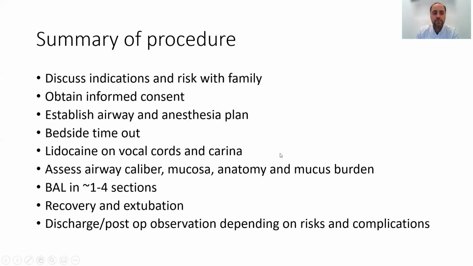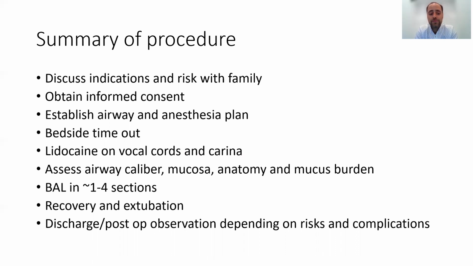So in summary, the proceduralist should discuss the indications and risks with the family, obtain informed consent, establish an airway and anesthesia plan with your anesthesia team or critical care team, run a bedside timeout before the procedure starts, instill lidocaine on the vocal cords and carina, and first just take a look, assess the caliber of the airways, the mucosa, the anatomy, and the mucus burden, and then do the bronchoalveolar lavage in 1 to 4 sections, depending on the burden of the disease.